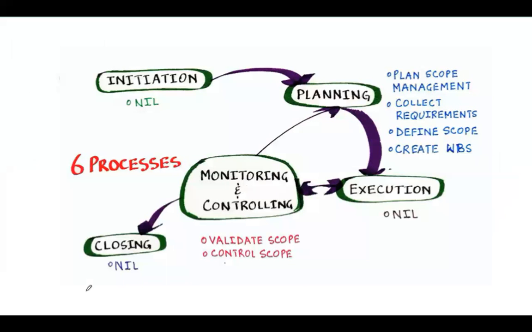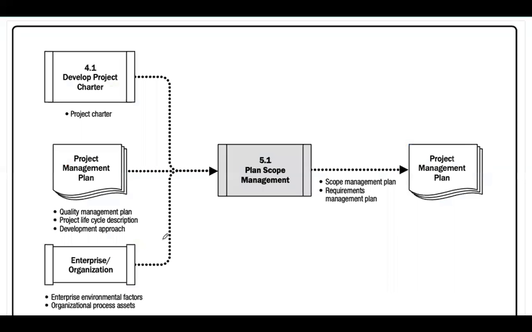There is no initiation process in scope management, but there are five: planning scope management, collecting requirements, defining scope, and creating the work breakdown structure. And then there are two processes for monitoring and controlling, which are validating scope and controlling scope. All six processes make up project scope management.